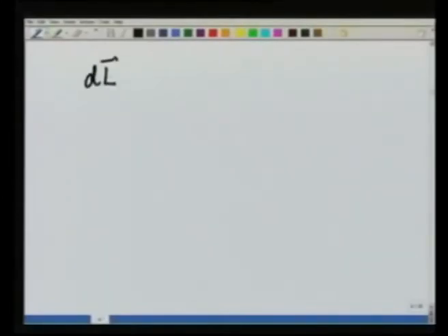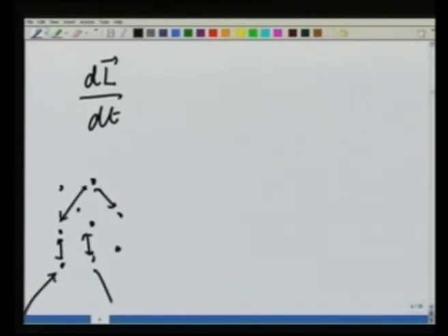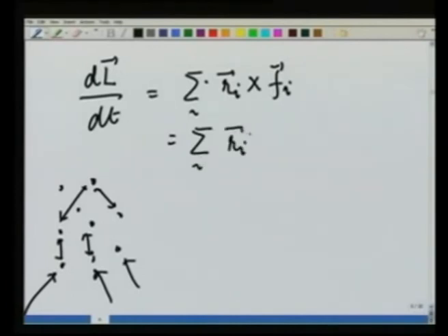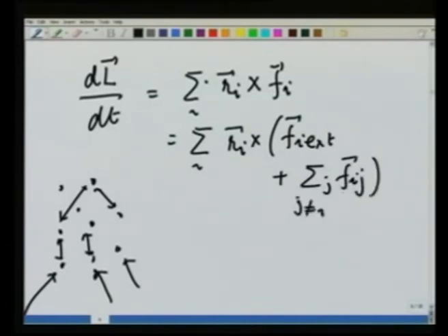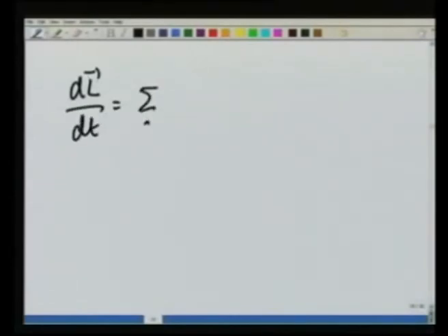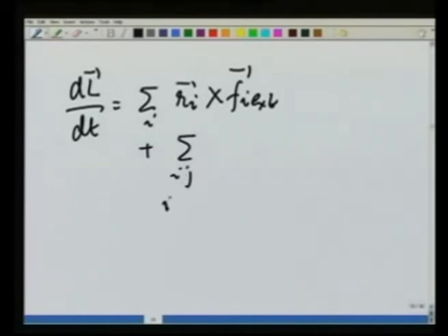So, dL/dt for a many particle system, that is, there are many particles which are interacting with each other and there are external forces applied on each one of them, is equal to summation over i r_i cross F_i, which explicitly I will write as summation over i r_i cross F_i external plus summation over j, that is all the other particles applying a force on the ith particle, j not equal to i, which I can now write as dL/dt equals summation over i r_i cross F_i external plus summation over i, j, i not equal to j, r_i cross F_ij.